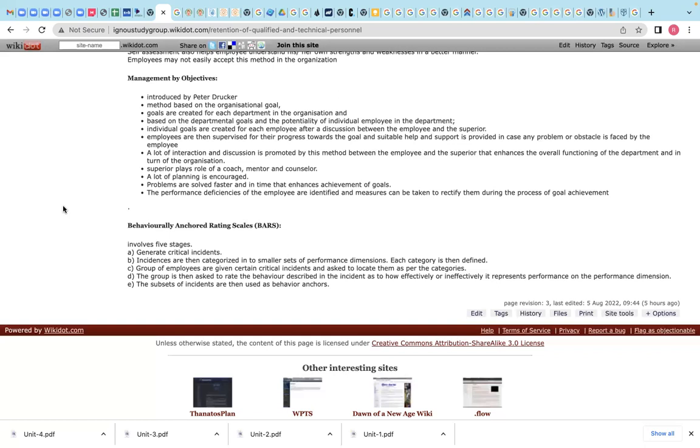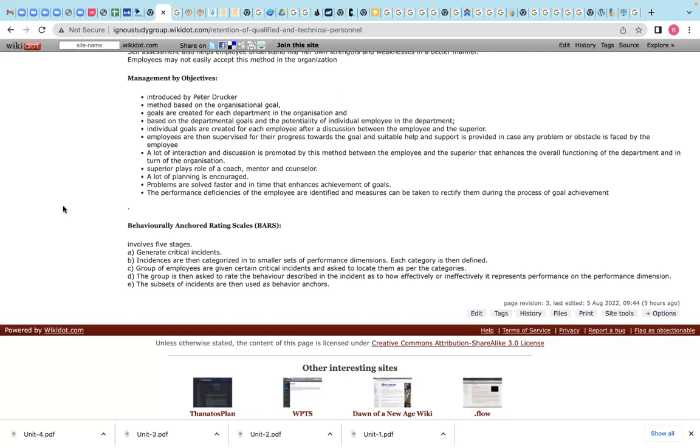So you locate those categories from their incidents, and then you rate those categories from the performance dimension point of view, right? This is what behaviorally anchored rating scales are. This completes unit 3 of block 4.